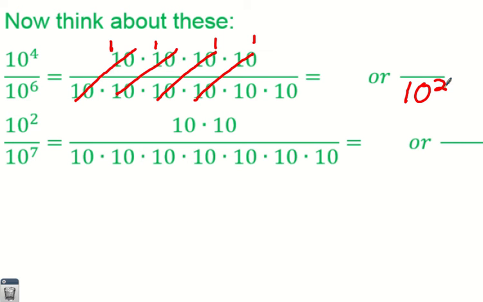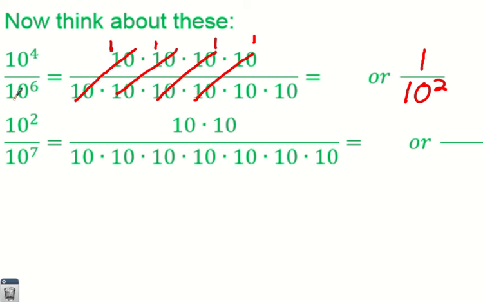And then what would be on top? Well, just 1. Technically 1 times 1 times 1 times 1. So in a way your answer is 1 over 10 squared. But with the shortcut we just mentioned a couple minutes ago, you subtract the powers: the top power minus the bottom power.